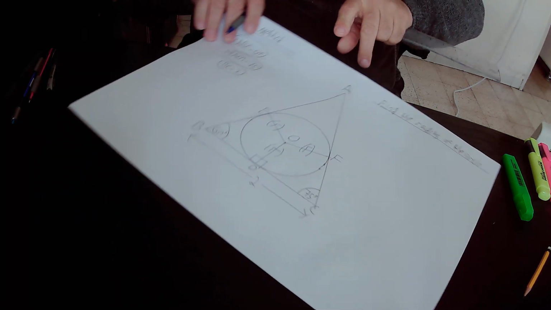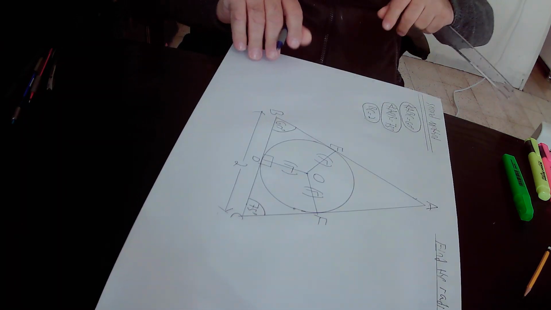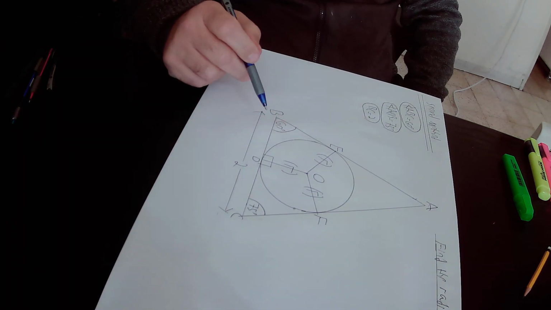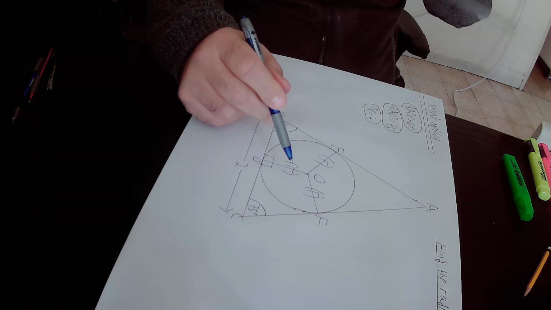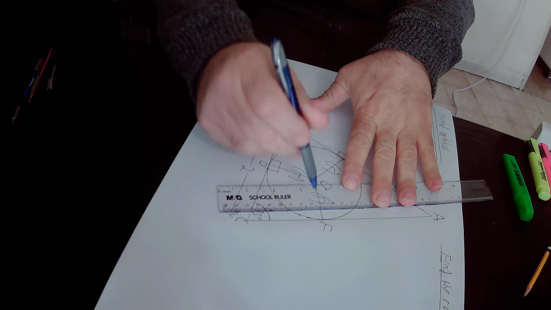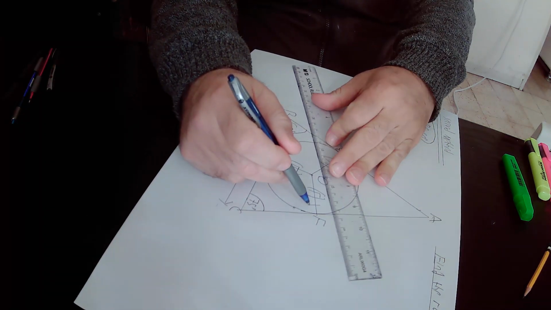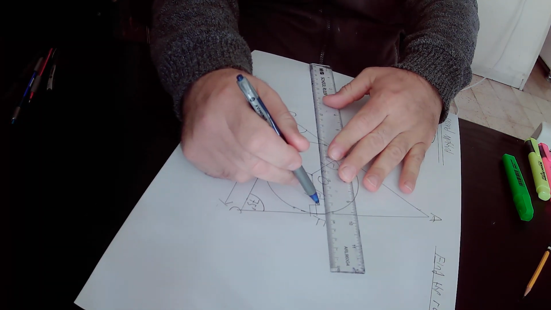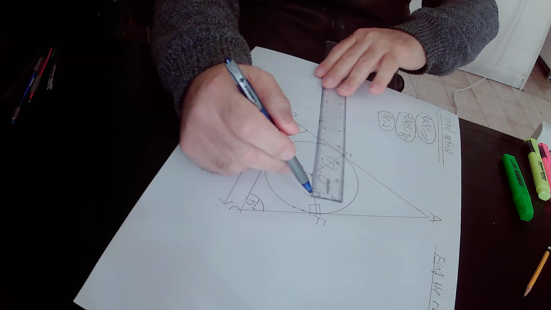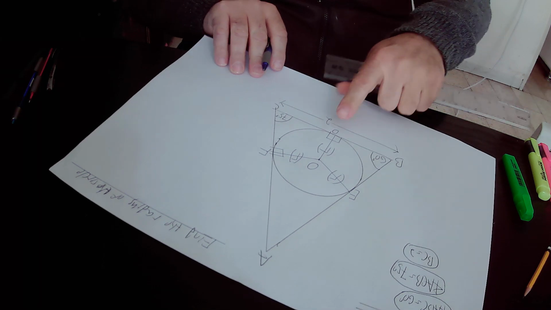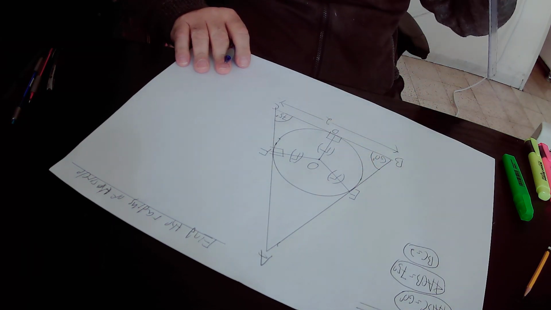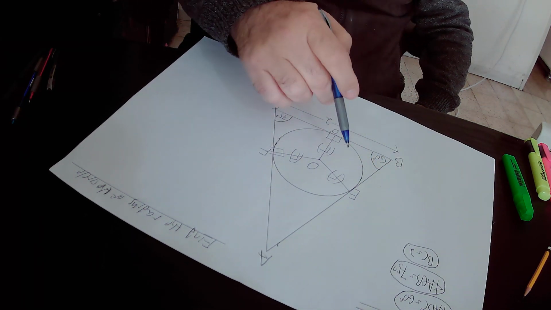Likewise, we have the radius OF that is drawn to point F. And therefore, according to rule number 1, this angle will be equal to 90 degrees, and this angle will also equal 90 degrees. And we also have the radius OE that is drawn to point E, that is the point of tangency of tangent AB with this circle.